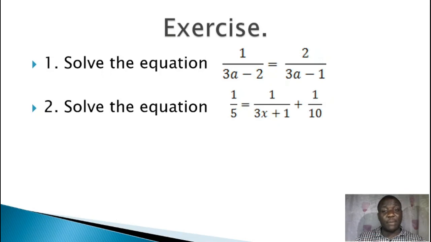Though in my first example I have only one binomial, in this case you have two binomials. So you are going to use the same procedures for the two. Use them to multiply, and also you cancel, expand it, then you have a simple equation.